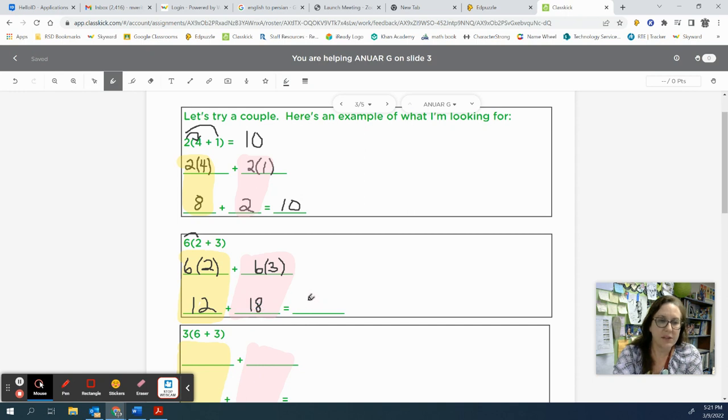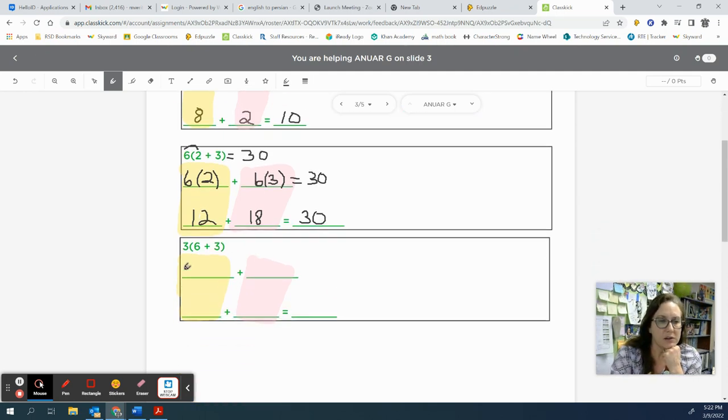If I add those together, I've got 30. So all of these equal 30. It's just another way to think of multiplication. Okay, go ahead and pause the video and do the next one.